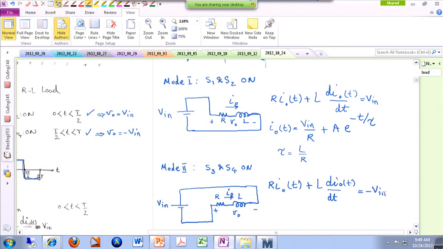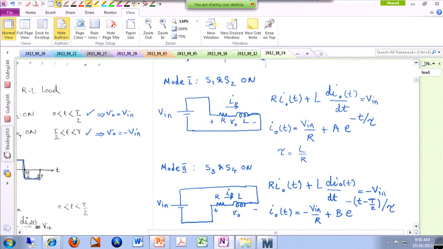It's like we are changing the excitation to the system, and then you can find another response, which is negative V in over R plus another constant, I just name it B, times e to the power of negative (t minus T over 2), the whole thing divided by tau.